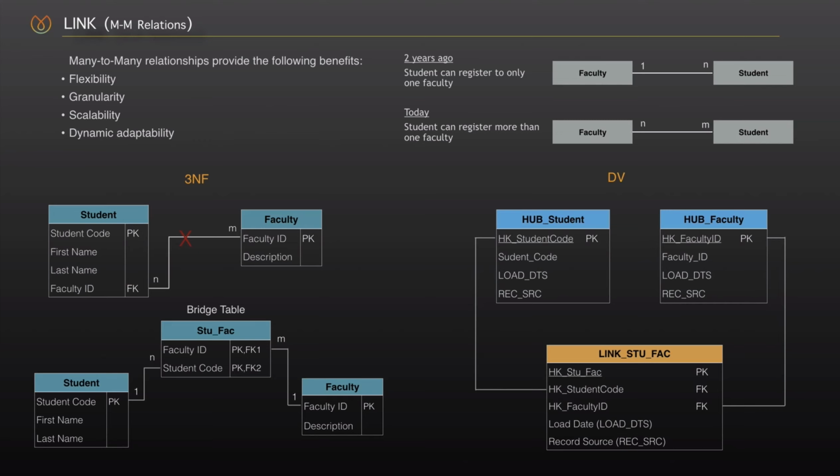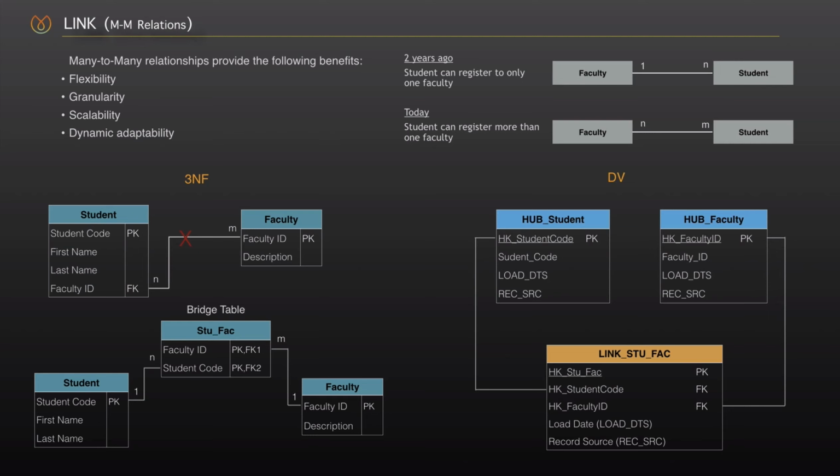But differently, in a bridge table we have the option to use either a composite key based on student code and faculty ID, or we can create a system-generated primary key. But in the link table, we don't base it on composite key columns. We have our own primary key value, but this value is still calculated based on the business keys of the faculty ID and student code. We also have additional fields like load date and record source.